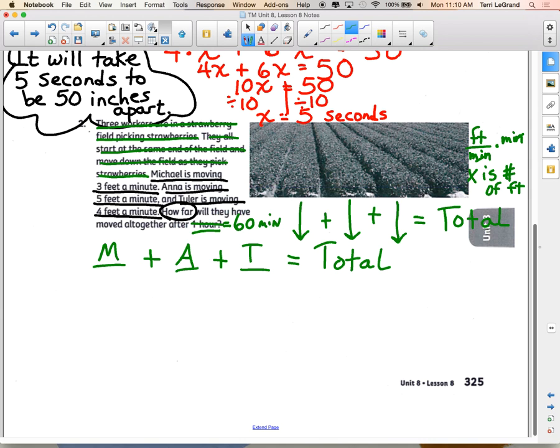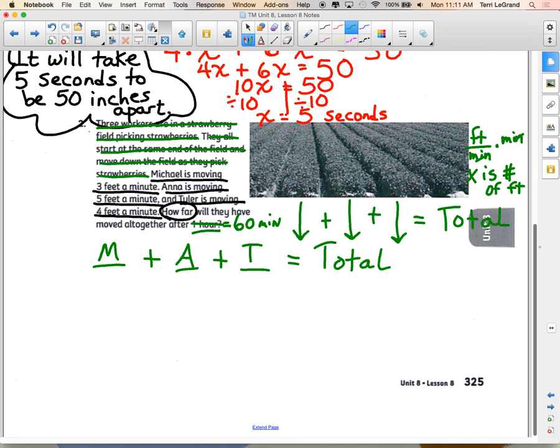So our multiplications are going to give us feet, and our x is feet. So when we add, if our multiplications give us feet, we're going to be adding feet to feet to feet, because we're going to set up multiplications. Feet plus feet plus feet better equal feet.